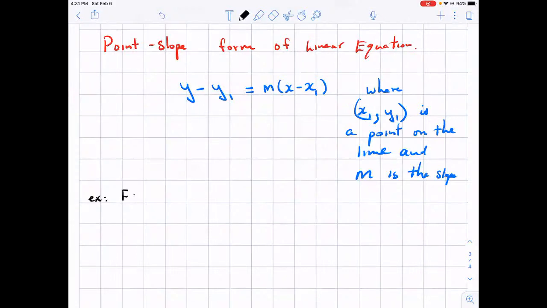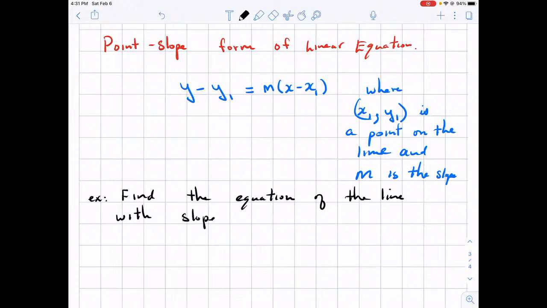So for example, find the equation of the line with slope 4 and contains the point (6, 3).